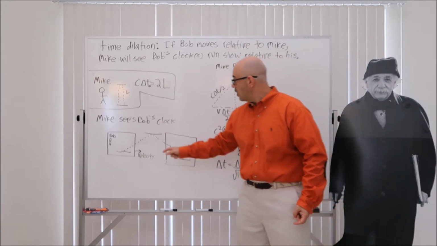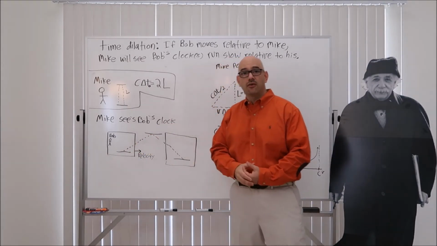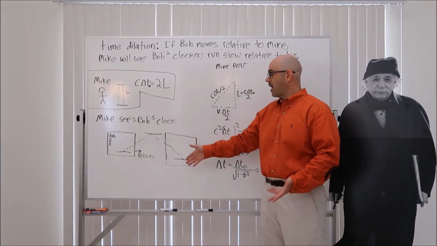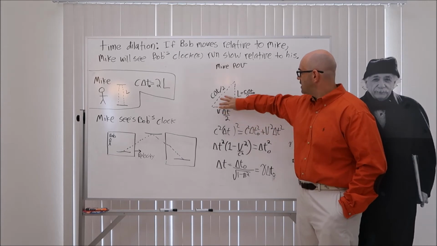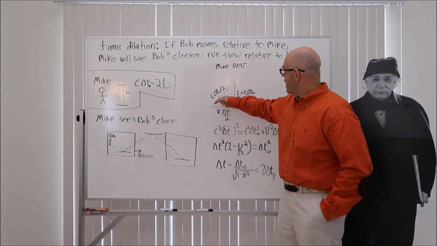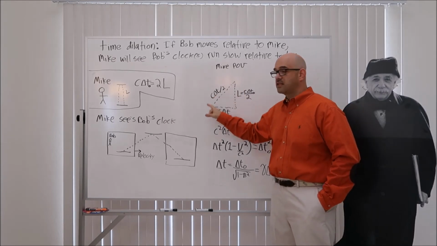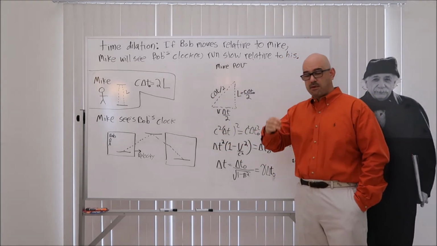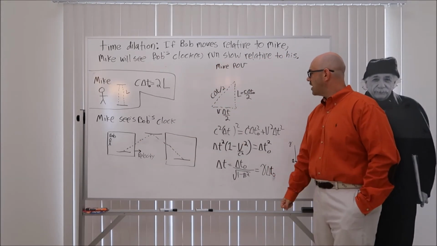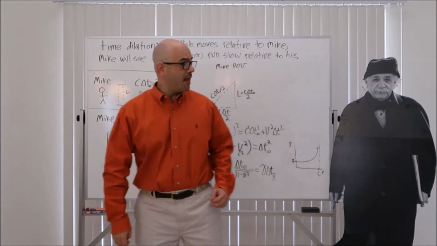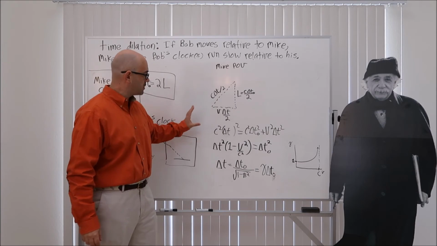And delta T over 2 would be the time for it just to go from the bottom to the top. We're using delta T over 2 because we're just looking at that right triangle. So v delta T over 2 is this distance. And then velocity times time would be the hypotenuse. The velocity is the speed of light, because the speed of light is what's actually traveling there. And then the time is delta T over 2. And then you use the Pythagorean theorem, a squared plus b squared is equal to c squared.